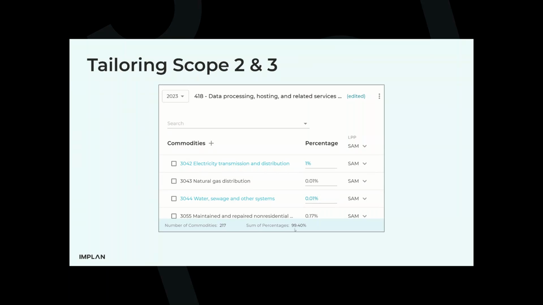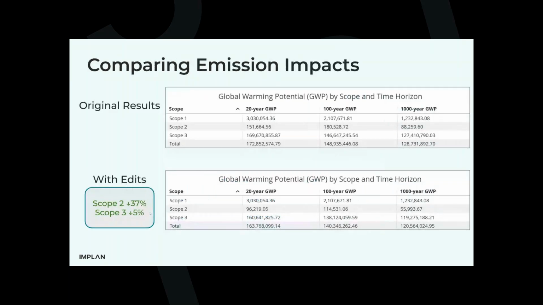Now my sum of percentages is less than 100%, so I'm going to normalize the spending pattern so that we keep these edits, but then redistribute the percentages on all of our other inputs so that this reaches back to 100%. So there's our final edits so that we have a complete distribution of our inputs across the spending pattern here. So we'll save that and run our impacts.